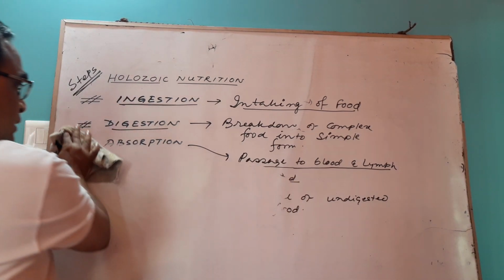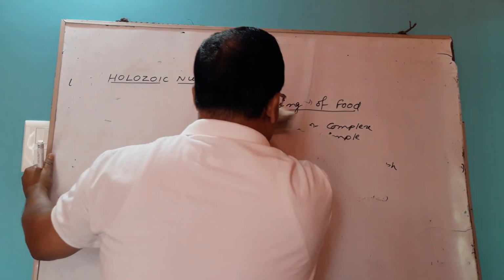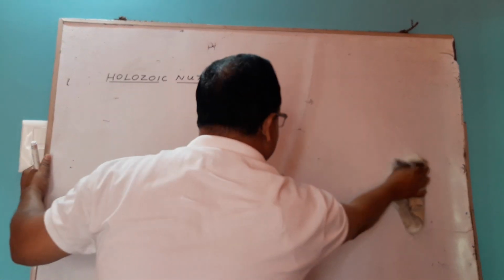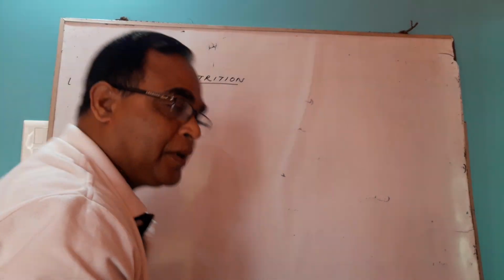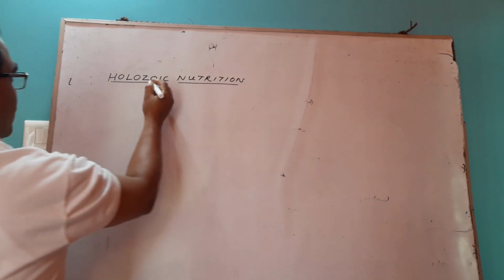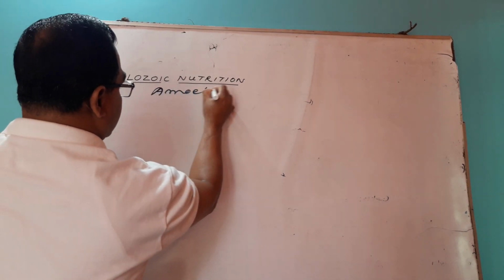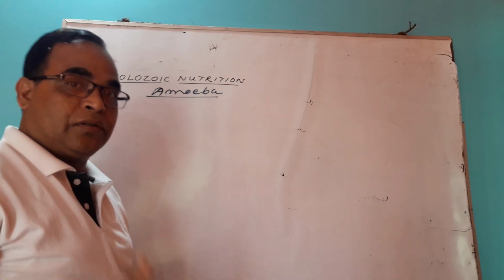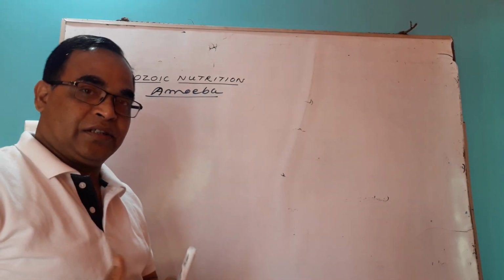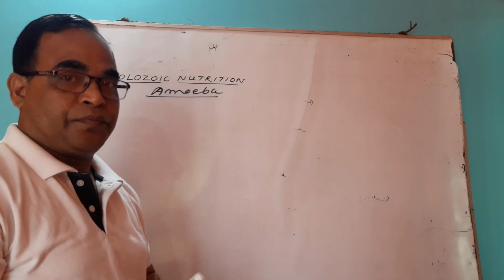Let us discuss holozoic nutrition in amoeba. As you know, amoeba is a unicellular eukaryote. Amoeba is a single-celled organism, only one cell is there, and within that cell all the steps of holozoic nutrition are performed.